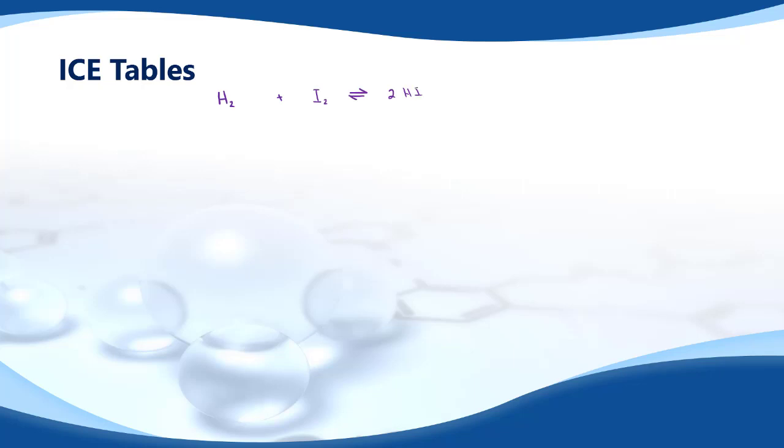I is going to be initial, C is change, and E is equilibrium. So ICE. And we're just going to make a table of these values at each place.